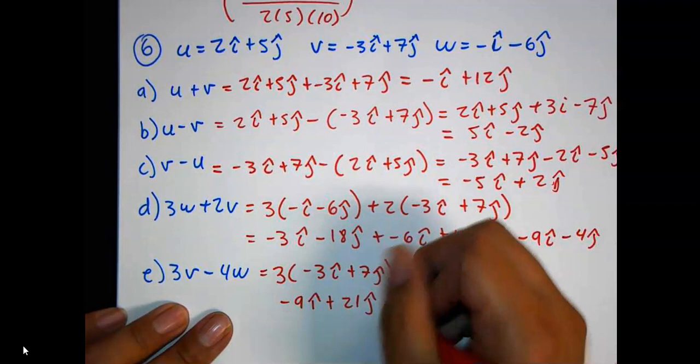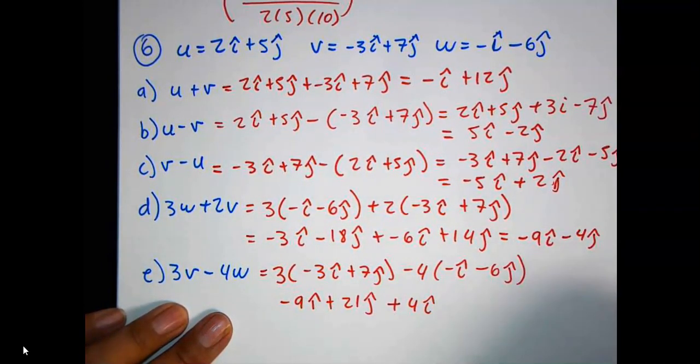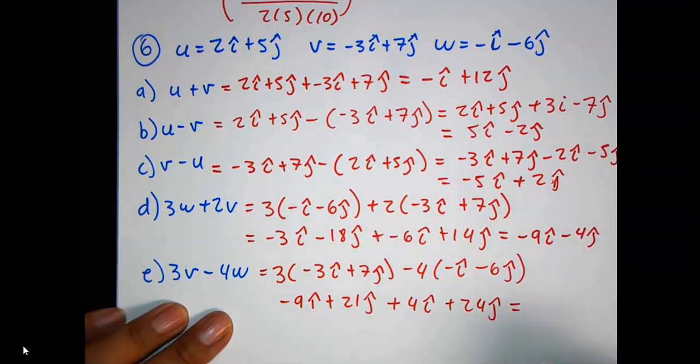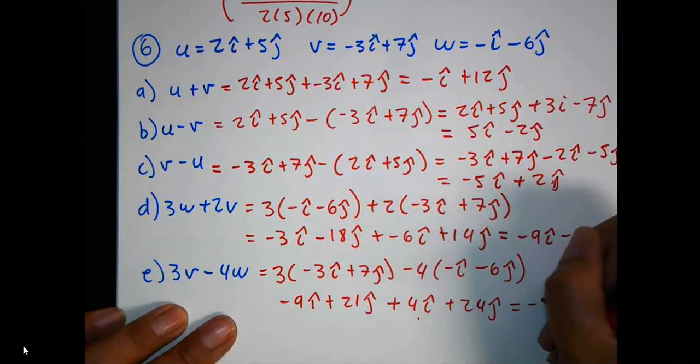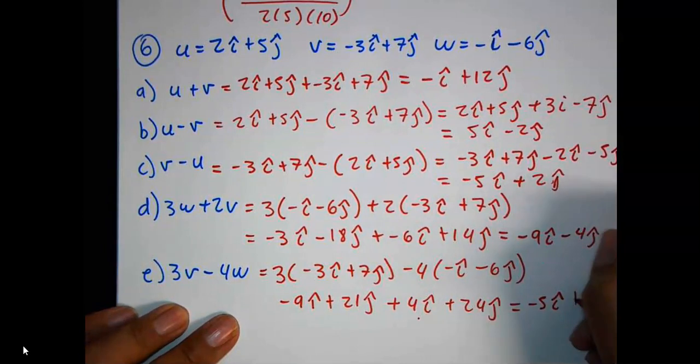Negative 4 times negative 1 will be positive 4i. Negative 4 times negative 6 is a positive 24j. And then we combine the terms. So negative 9 plus 4, negative 5i. And then we got 21 plus 24, that will give me 45j.